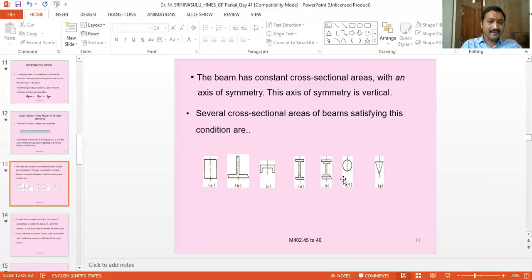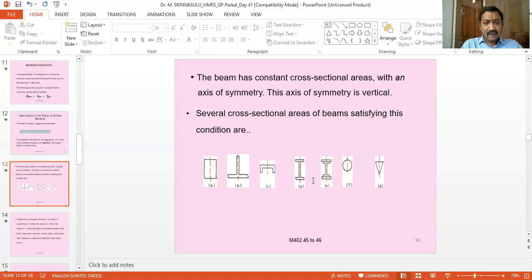Now the following are some of the cross sections which have a symmetrical axis about the y-axis. First, you take a rectangular section. Here also it is symmetrical about the y-axis. This is a T section, also symmetrical about the y-axis. This is a C section. This is the I section.